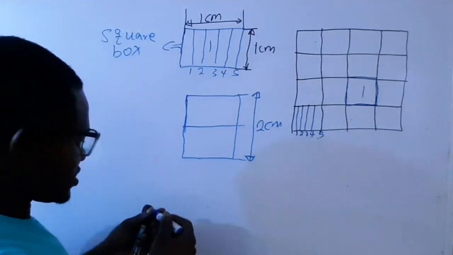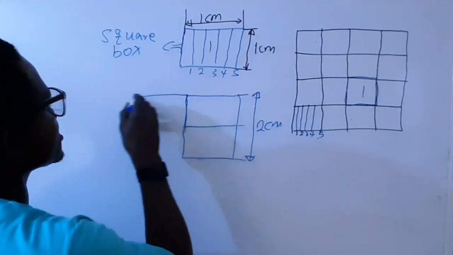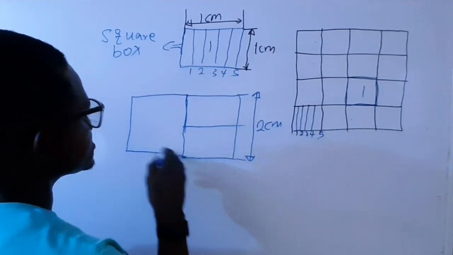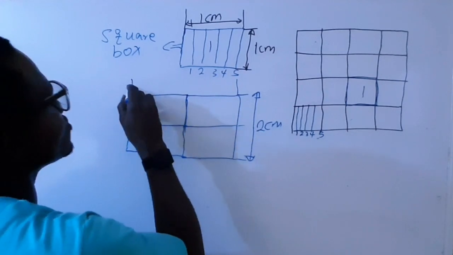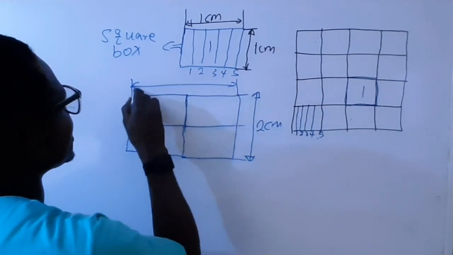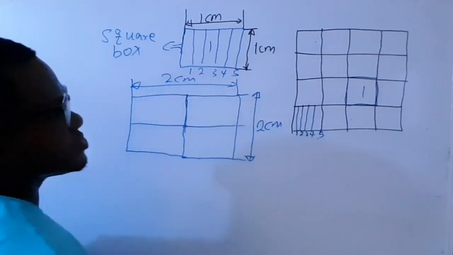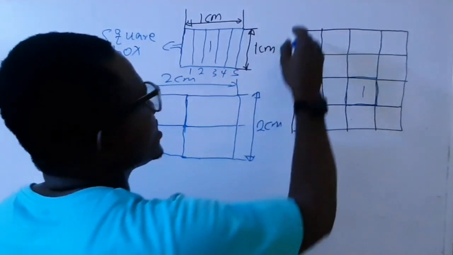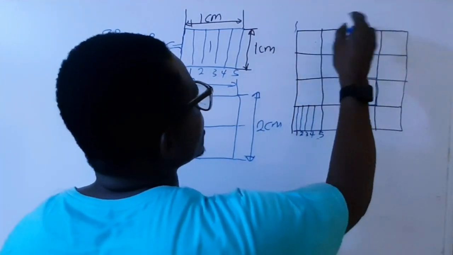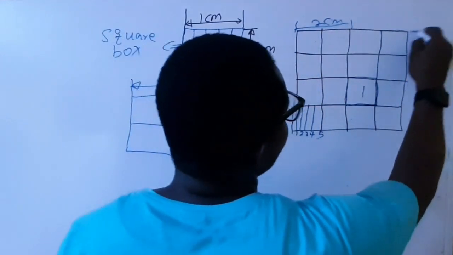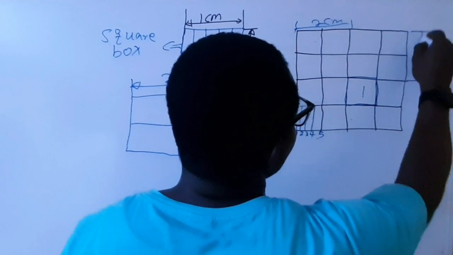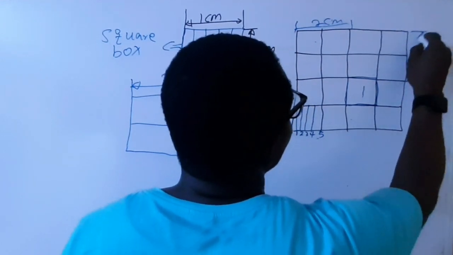If I also have it to this length, from here down to this place will also give me 2 centimeter. So from here down to here it is 2 centimeter.